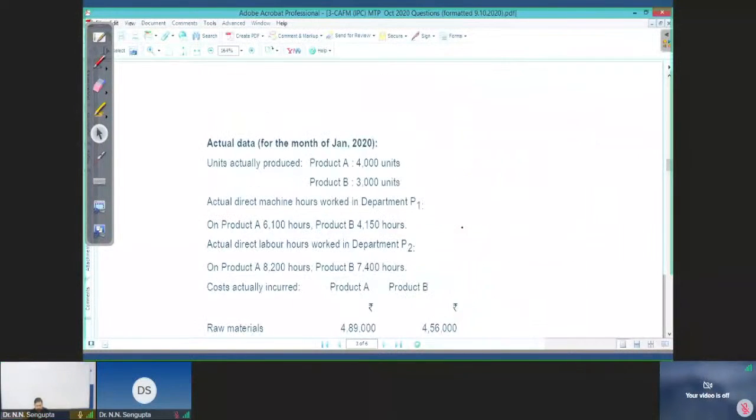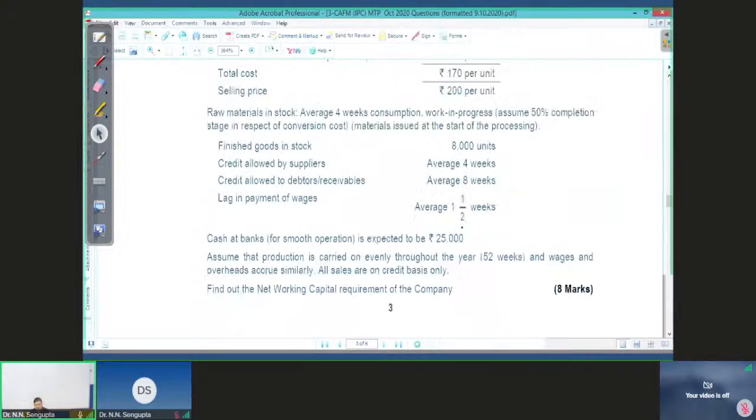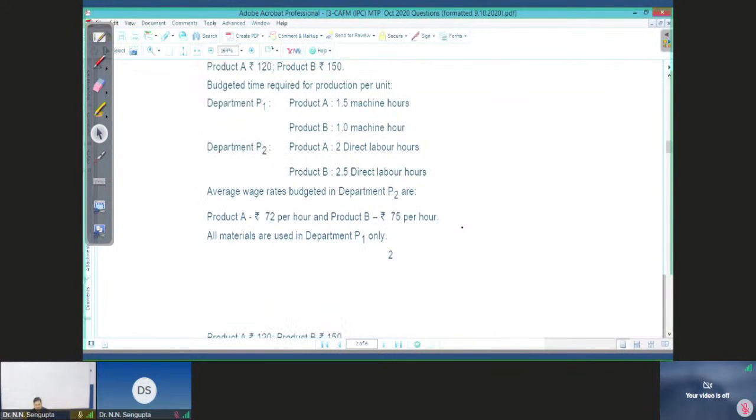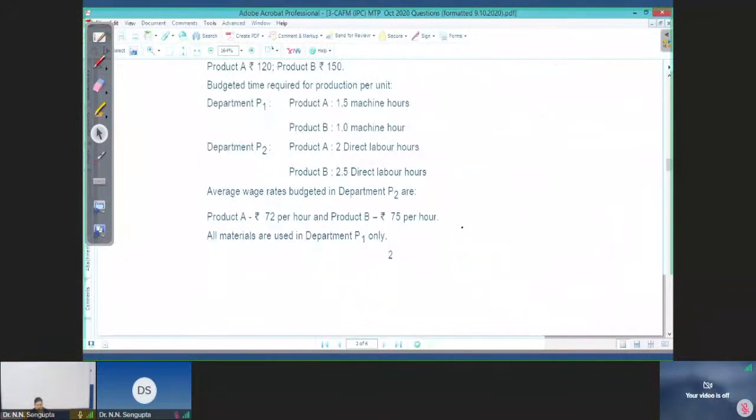This is a question of service costing where a predetermined overhead rate was there. And then this was a two-way question.